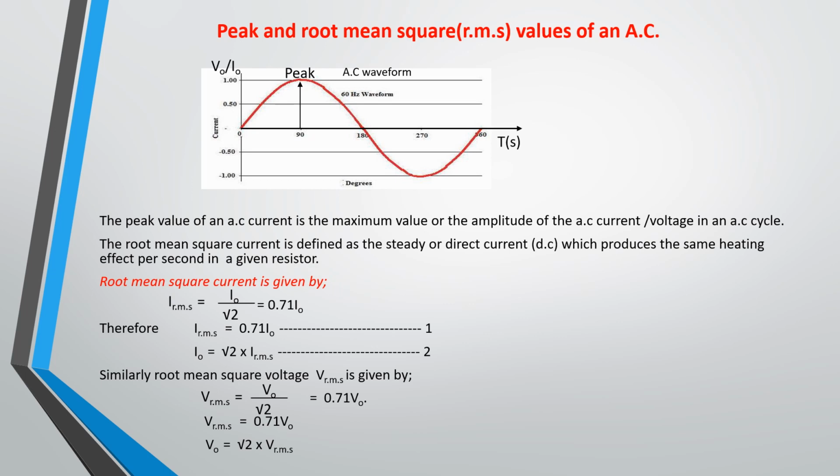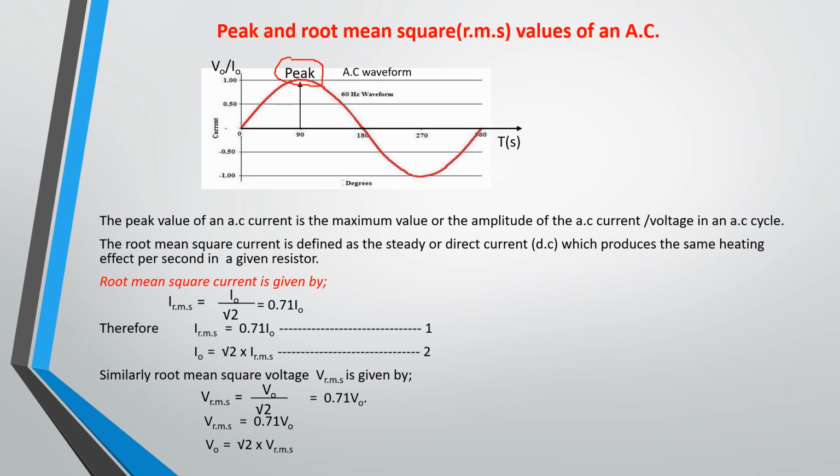Now, as I said before, if you look at this waveform, this is the peak value of your current or voltage, because the voltage and the current are moving together.